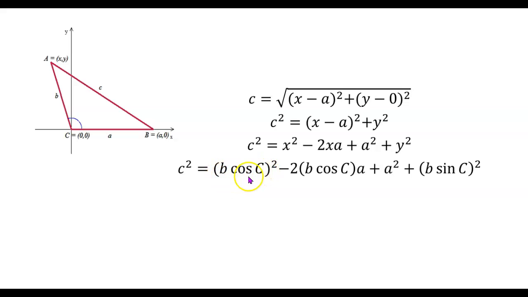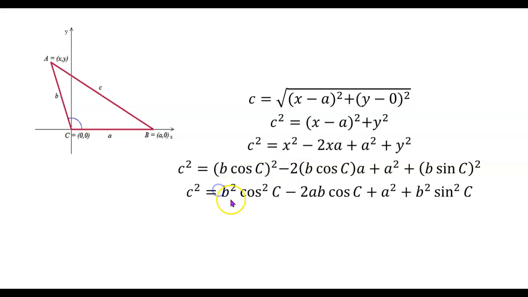Now, where we've got b times cosine C and the whole thing is squared, that means b squared times the cosine of C squared. Same thing over here, b times the sine of C, the quantity squared, would be b squared times sine squared C. And then here I just rearrange things a little. It's minus 2 times a times b times cosine of C.